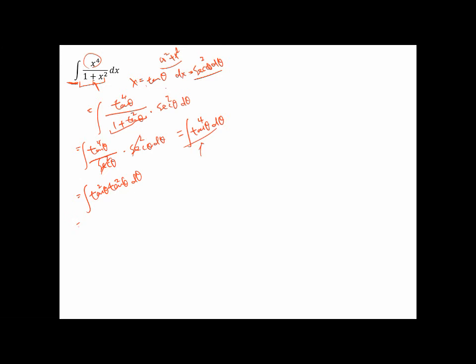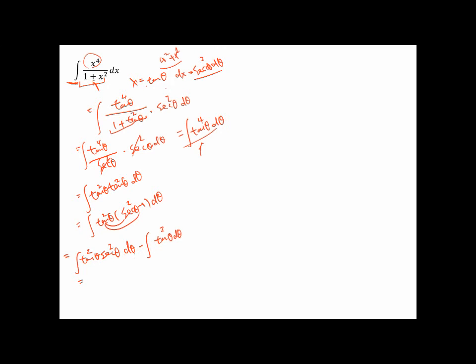Rewrite tangent squared into secant theta squared minus 1 d theta. And then I need to separate it out, which is tangent theta squared secant theta squared d theta minus tangent theta squared d theta. I multiply the tangent squared in and split it.